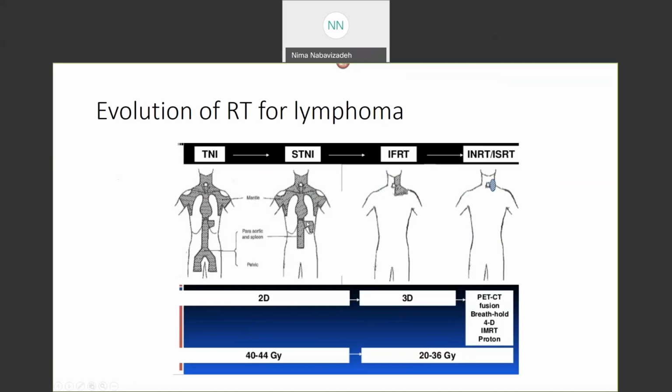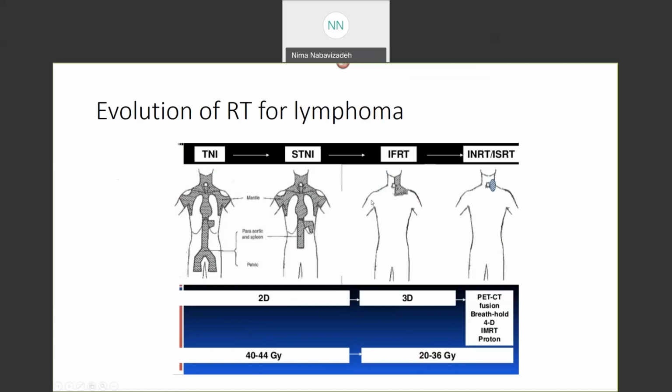And over time, we've whittled away at both the volumes of radiation as well as the dose of radiation. So these cartoons represent one example of a patient with stage 1 Hodgkin's lymphoma who presented with isolated disease in the neck, 40 years ago, 30 years ago, 20 years ago, and today.